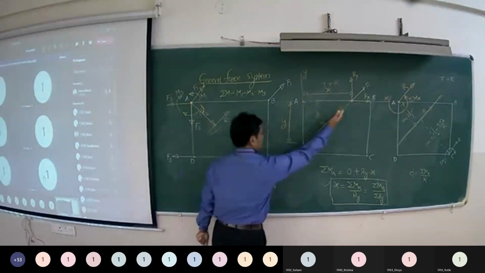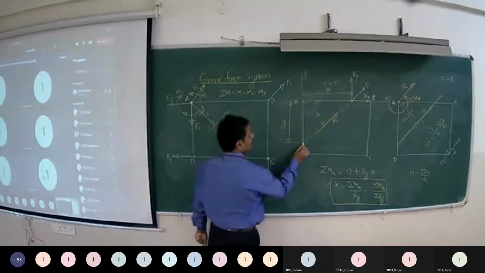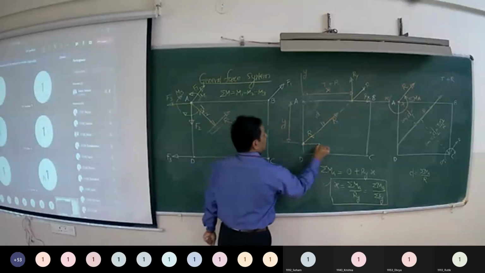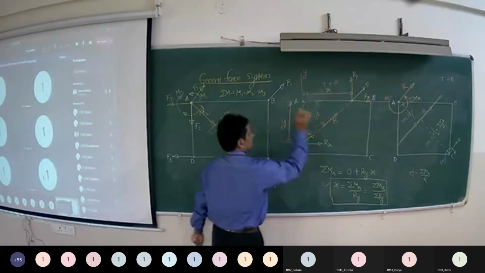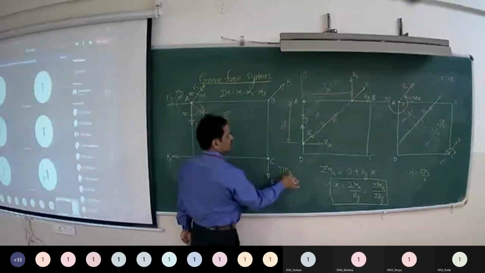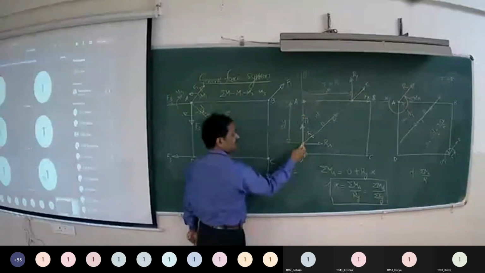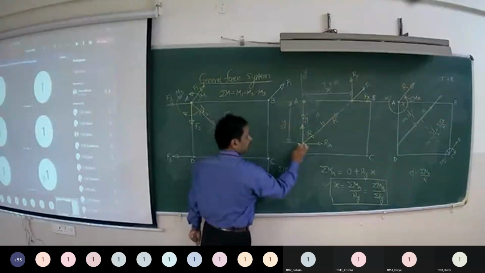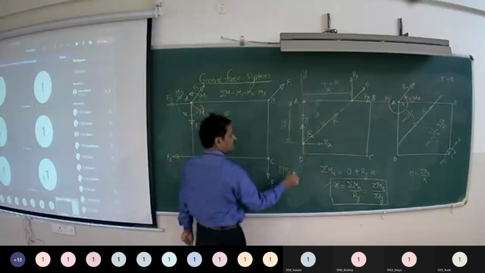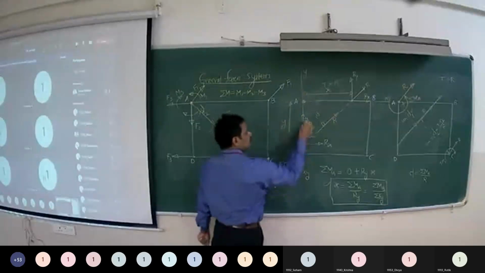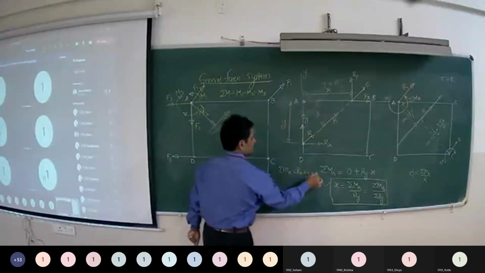Similarly, by transferring the resultant along the line of action to the point on the y-axis and resolving it into x and y components, taking moments about A, the algebraic sum of the moments about A is equal to the moment of the resultant about A. That is the sum of the moments of components about A. Moment of Rx is Rx into y plus moment of Ry is 0, as the line of action is passing through it.